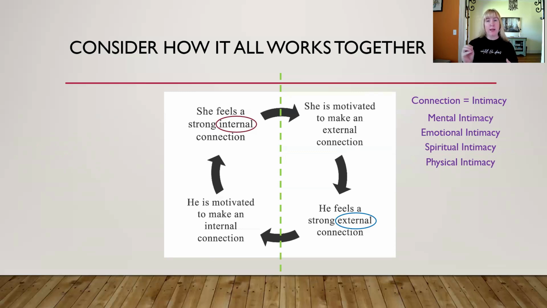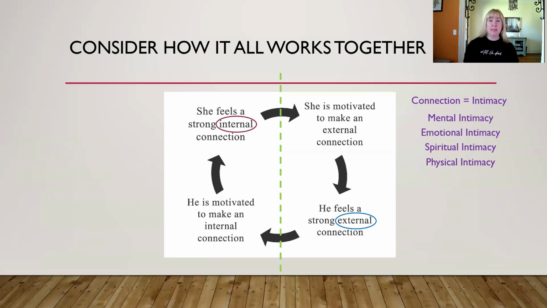Remember that you have the right IPL and the emotional center of the brain reciprocally inhibiting each other. And so when he's in a place where he can let his guard down, where there isn't a threat, where in fact it's the opposite, this is a safe place, then he's able to open up more emotionally and make that internal connection. And it's meant to be something that is continuing to feed into each other. She feels a strong internal connection, which motivates her to make an external connection. When he feels that strong external connection, he's motivated to make an internal connection.